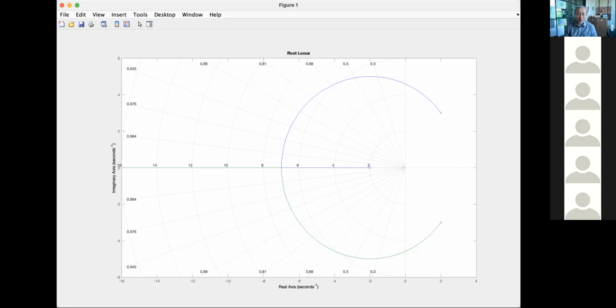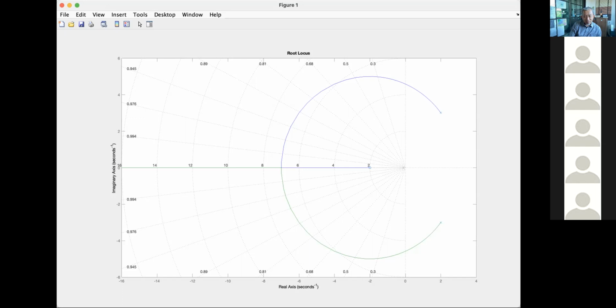Okay, listen and jot down my statement. From the root locus, it is observed that the root locus has two paths due to two open loop poles. It can be shown by the blue line and the green line.